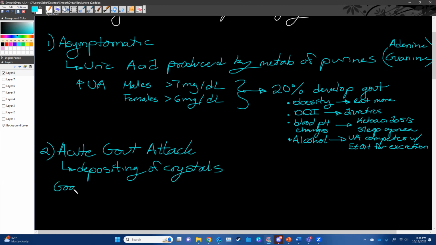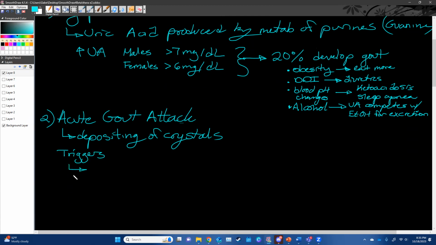The goal of treatment here is, well, let's talk about triggers actually before we get into that. The triggers here are based on either increased uric acid production or decreased uric acid excretion.